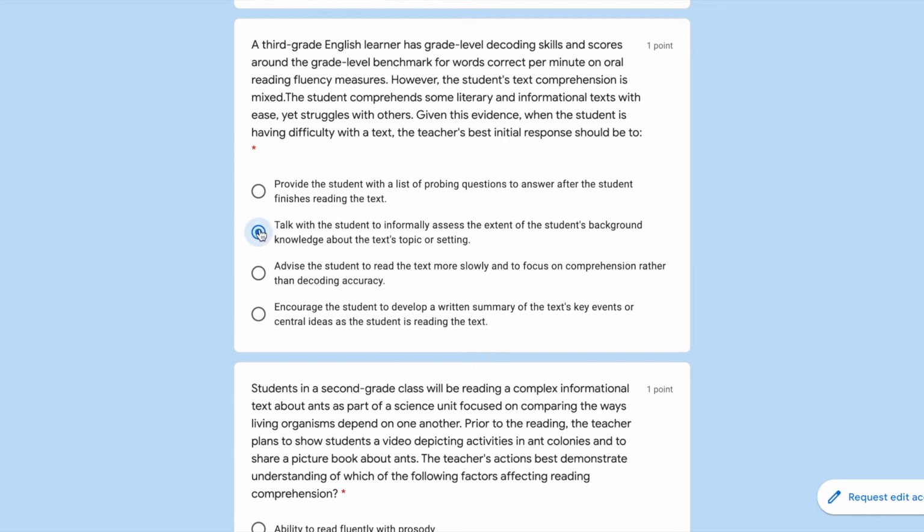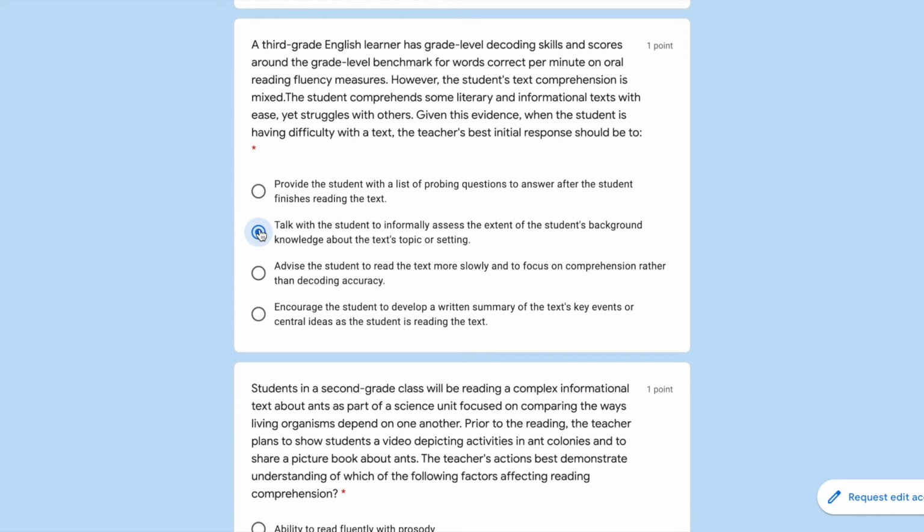The best answer here is letter B, and that is because this scenario demonstrates the important consideration of background knowledge in the student's reading comprehension of both informational and literary texts. The type and amount of prior knowledge students have accumulated related to a particular topic or setting can vary considerably, as we've seen in this example.